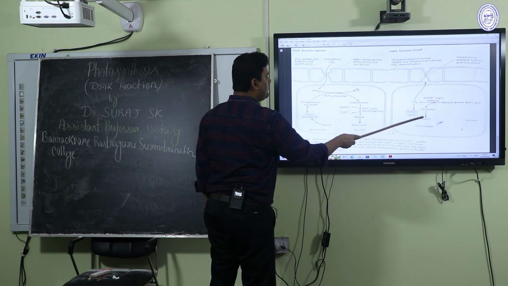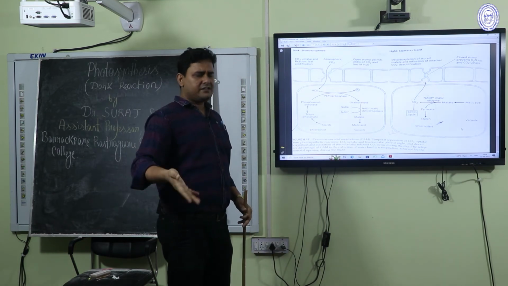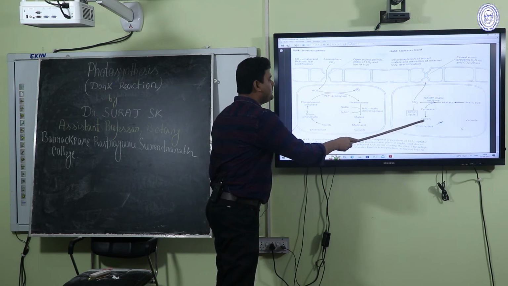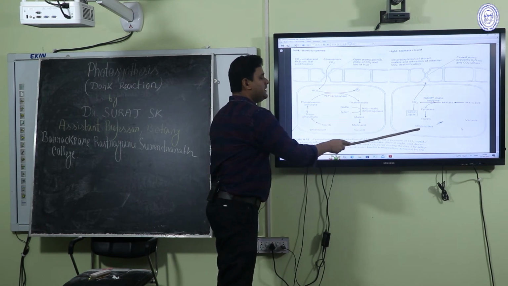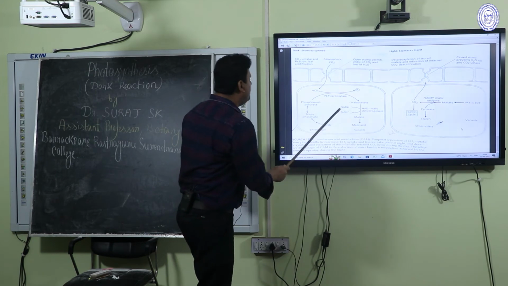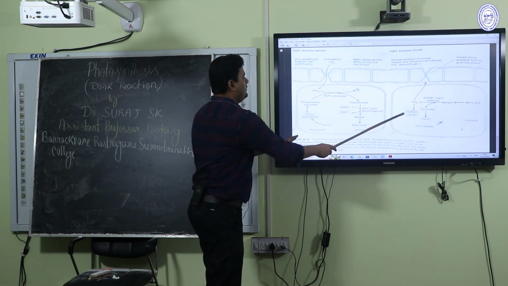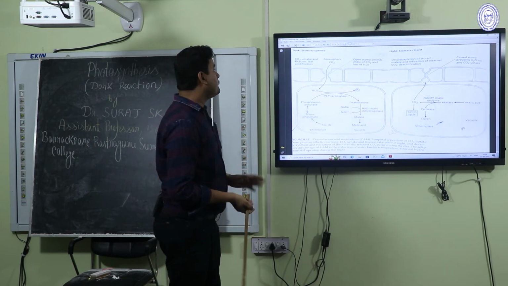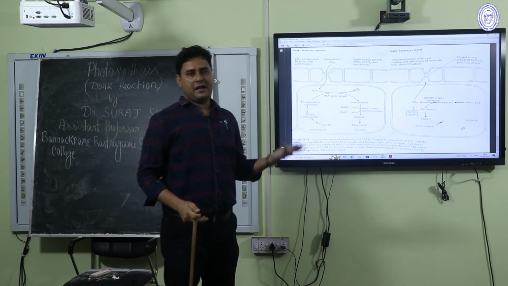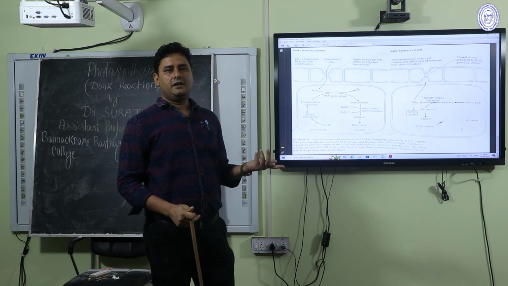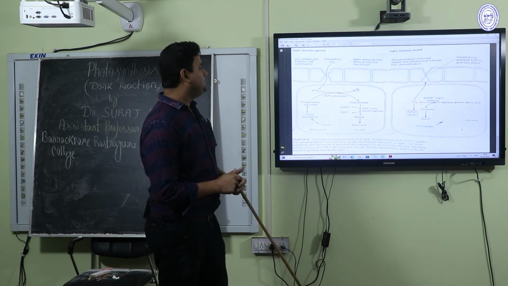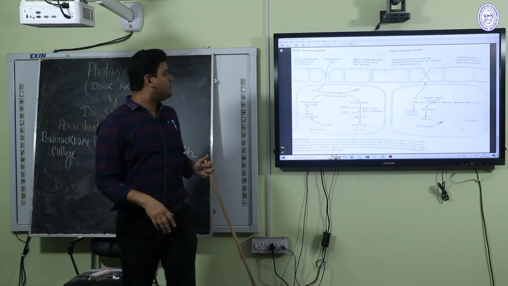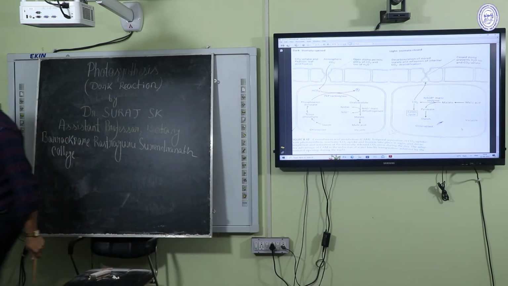This pyruvate will be converted again by various biochemical procedures to starch, and starch will be stored here in the chloroplast. So both these procedures are needed for the plant for their survival. Now come to the last part of this topic.